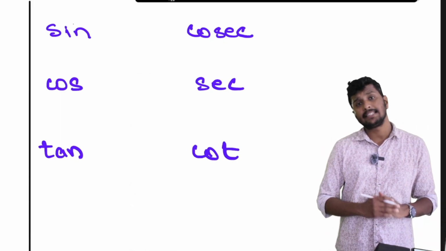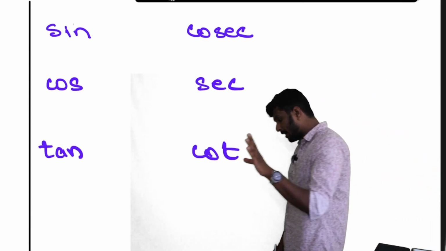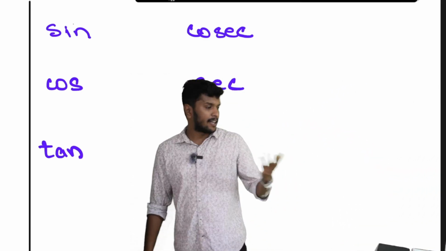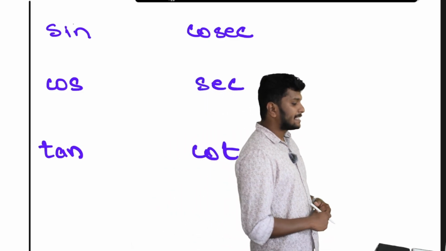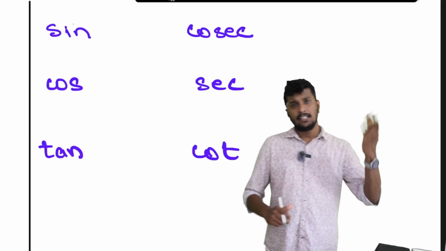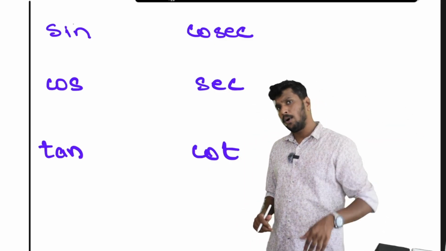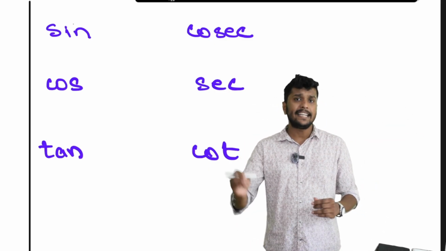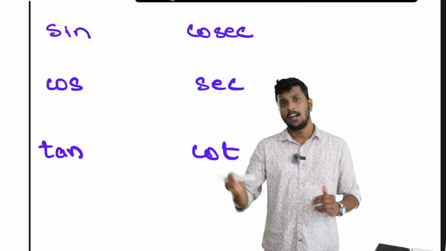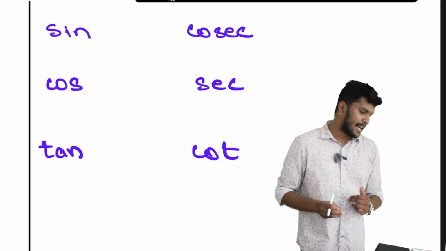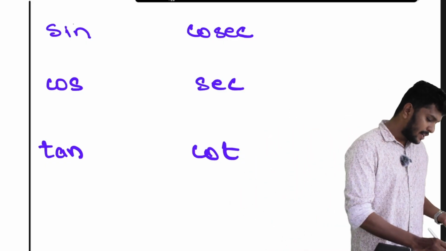So these are the 6 trigonometric functions that you'll have to know: sine, cosine, tan, secant, cosecant, cotangent. We take an angle with respect to all these trigonometric functions, and that angle is known as theta.